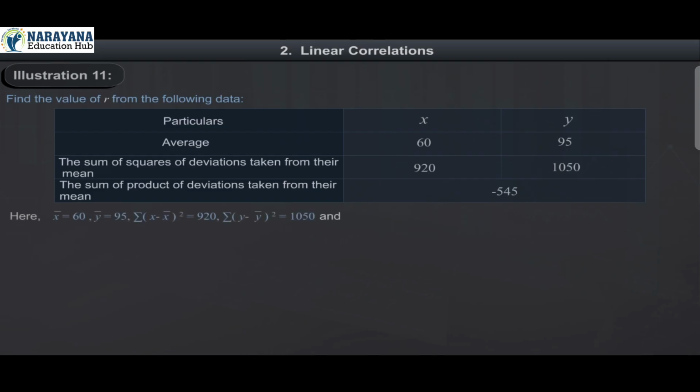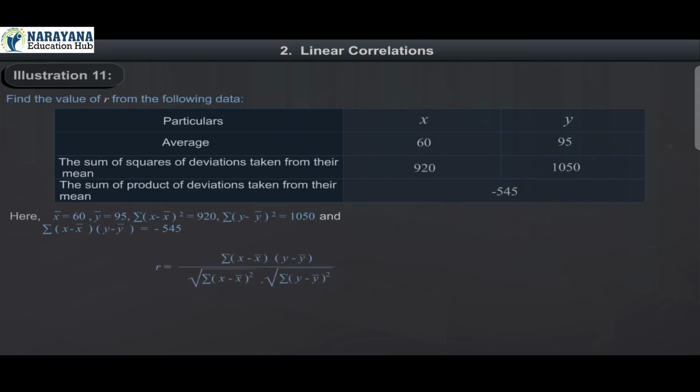Here x bar is equal to 60, y bar is equal to 95, sigma (x minus x bar) whole square is equal to 920, sigma (y minus y bar) whole square is equal to 1050 and sigma (x minus x bar) into (y minus y bar) is equal to minus 545.